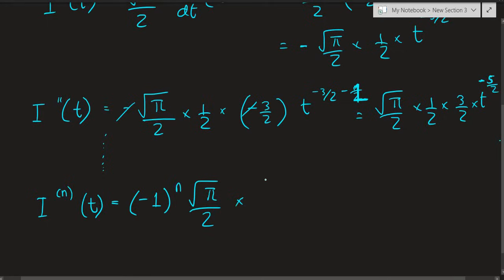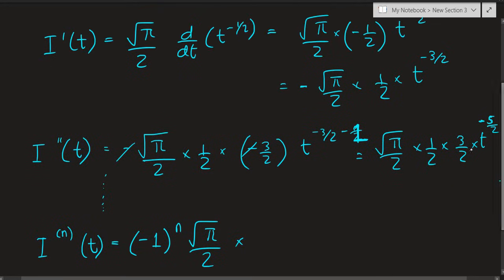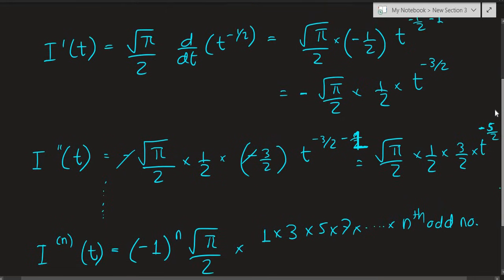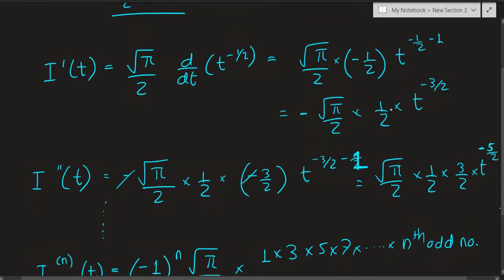But now notice that for the first derivative we had 1, and for the second derivative we had 3 in the numerator. So for the nth derivative we would have 1 times 3 times 5 times 7 till the nth odd number, because notice that in I prime of t we had 1, in I double prime we had a 3 in the numerator.